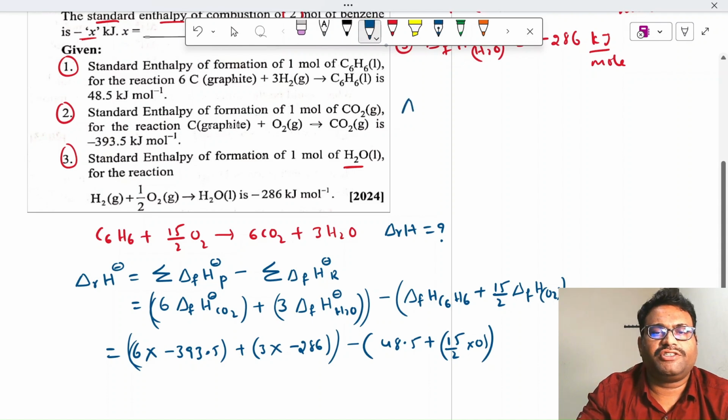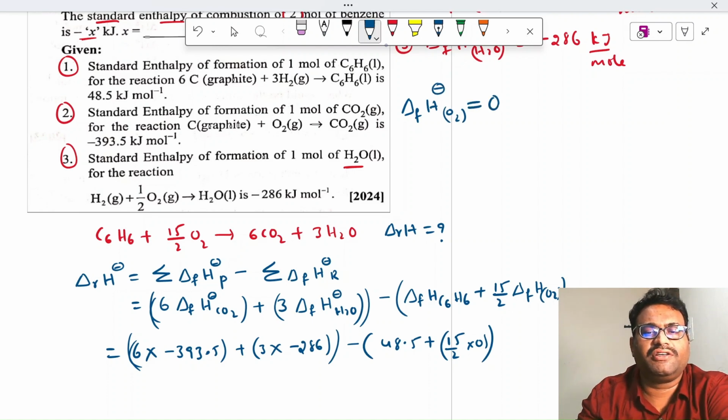Enthalpy of formation of an element in its standard state is always taken as 0.